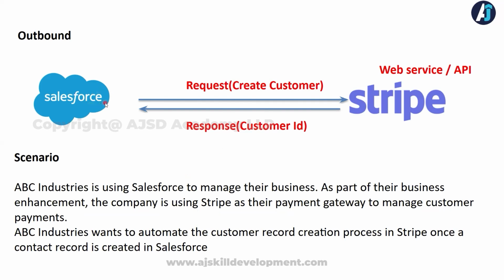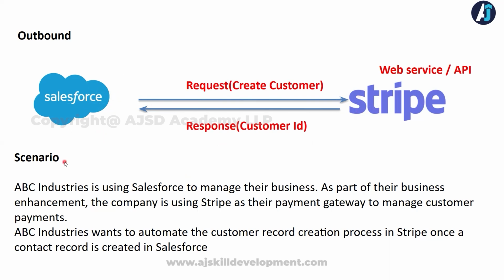So a request is going from Salesforce to Stripe, going out from Salesforce. This is called outbound. The request is going to Stripe, Stripe does some work based on what Salesforce asked, then it sends the response back. This type of integration is called outbound integration. We are making a request from Salesforce to an external third party system.